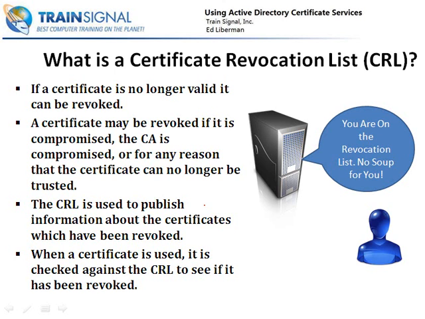Whereas, let's say I get pulled over by a police officer, and that police officer takes my driver's license to the car and pulls up on the computer to see if it has been revoked, and if it has, well, then I'm not going to get away with using that as my identification. And pulling it up on the computer is kind of like checking the CRL. Okay, checking the certificate revocation list. And this is what I do anyway to help me to kind of understand the whole big picture on what a certificate is and how a PKI works.